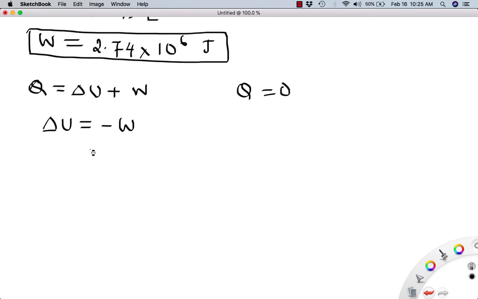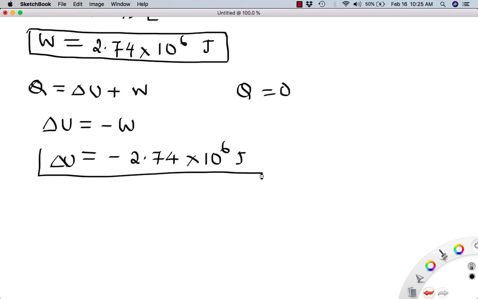So negative 2.74 times 10 to the 6 joules is the change in internal energy. The negative sign implies that internal energy decreases.